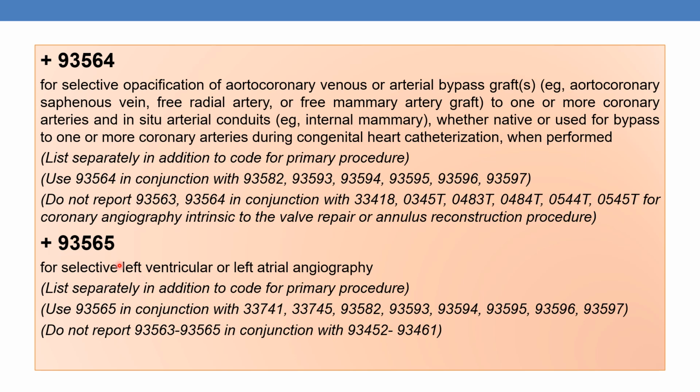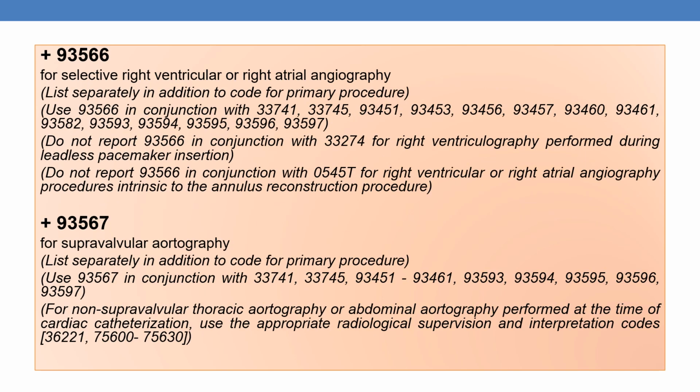The next is also an add-on code, 93565, for selective left ventricular or left atrial angiography. The next is 93566 for selective right ventricular or right atrial angiography. The next is 93567 for supravalvular aortography.